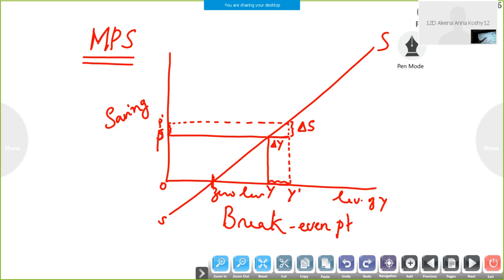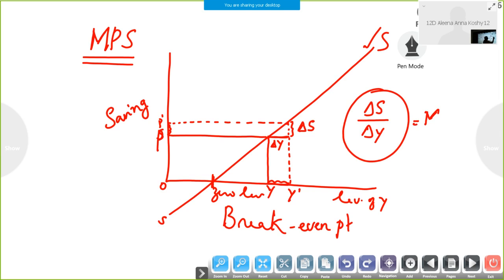From here we are getting the slope of the saving curve. Already we studied the slope of the consumption curve is MPC. Why? Because the ratio between additional consumption and additional income gives the slope of the consumption curve. Like that, here also we are getting the slope of this curve, that is delta S by delta Y. This is MPS.